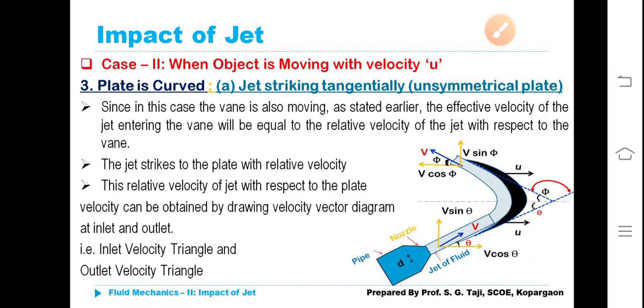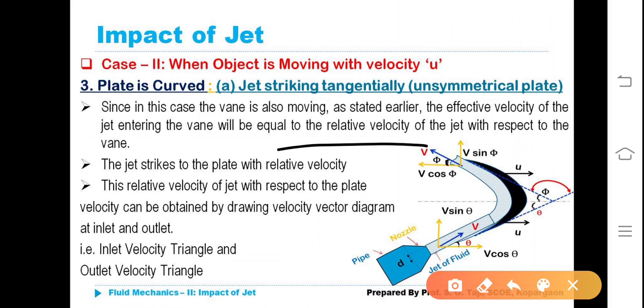Since in this case the vane is also moving with velocity u meters per second, as stated earlier, the effective velocity here will also be other than V. Therefore, the velocity of the jet with respect to the vane, the jet entering the vane, will be equal to the relative velocity of the jet with respect to the vane.